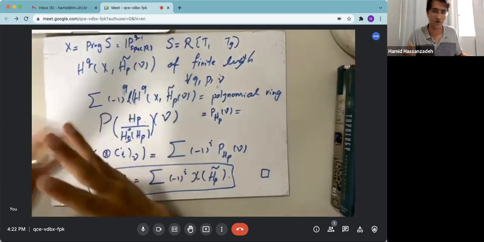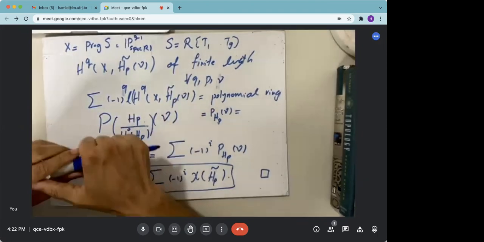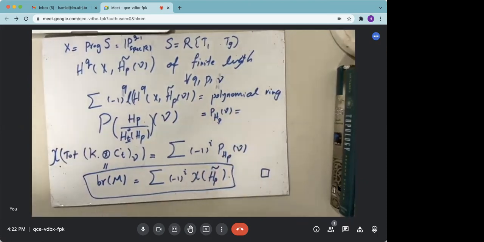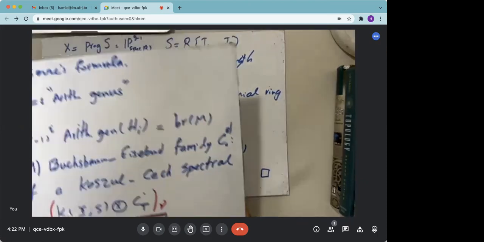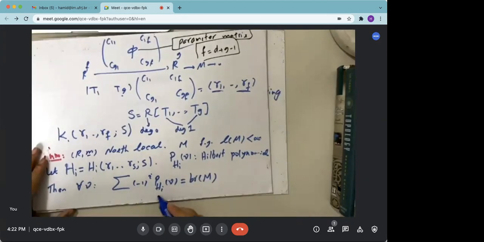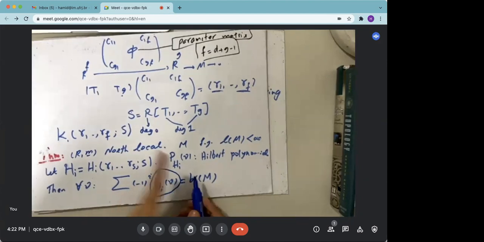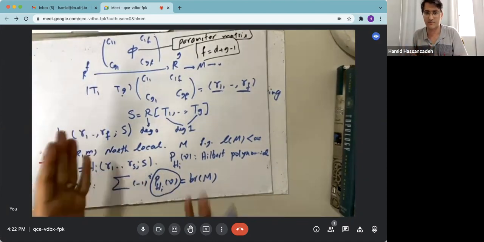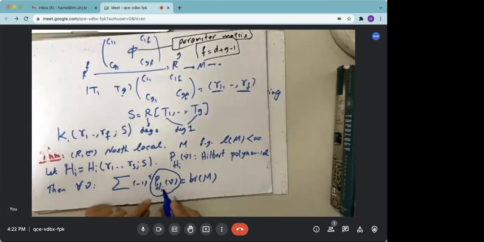When you sum up these polynomials here, it says that the biggest terms in the polynomial eliminate one another, and the only thing that remains is the constant term. Right?